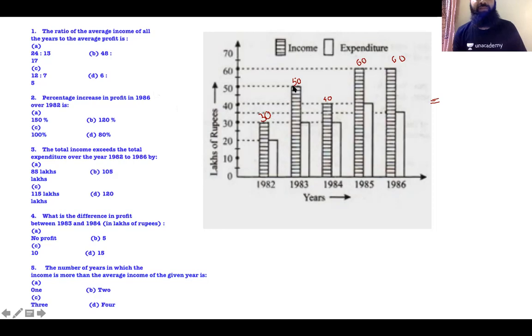30 plus 50, 80, 80 plus 40, 120. Let me write it systematically. Here we go.